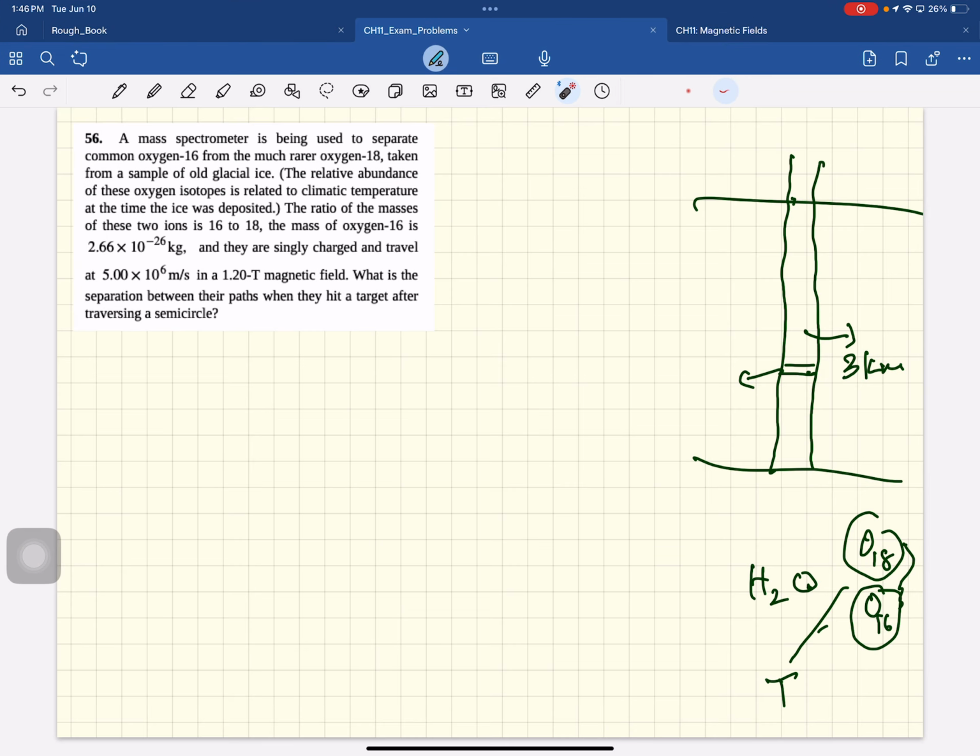All right. And how do you weigh these atoms? Mass spectrometer, the radius difference. Yep. So you use a mass spectrometer. And I don't know, you might have used a mass spectrometer in your chemistry labs.